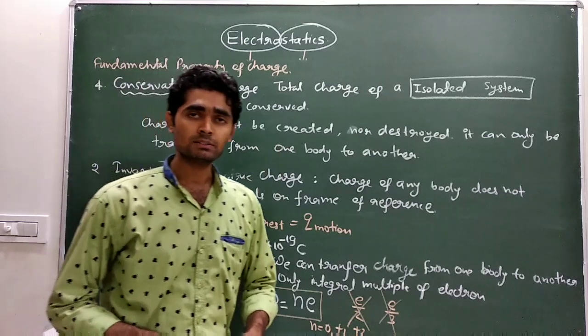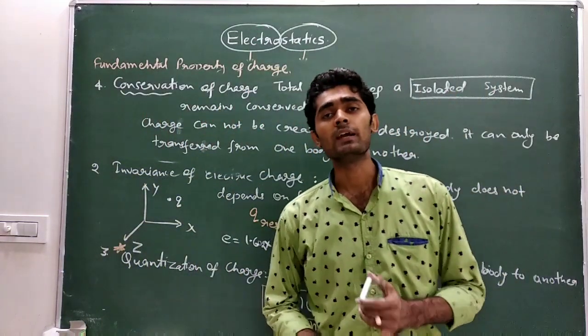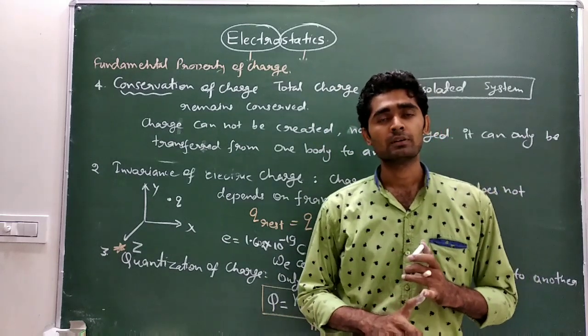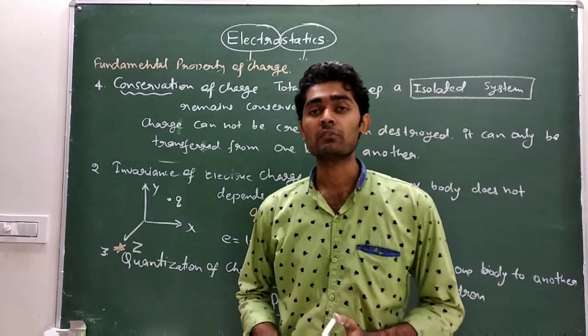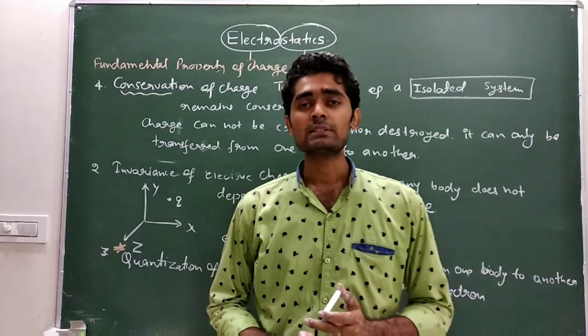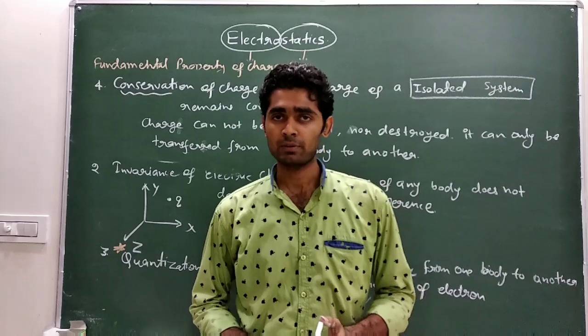So these are our four basic fundamental properties. First one is additivity. Total charge of any system is equal to algebraic sum of all the charges. Second one is invariance of electric charge. That means charge of a system does not depend upon frame of reference.